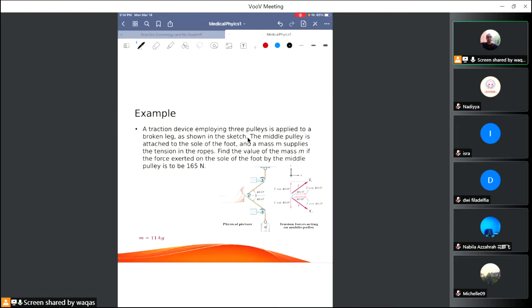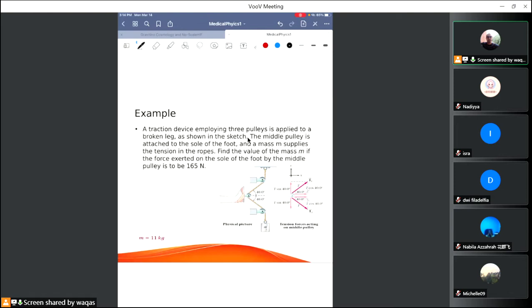The middle pulley is attached to the sole of the foot. This is for a person who has a broken foot or something, and they attach it to this middle pulley. A mass m supplies the tension in this rope. So there is a mass m, and this supplies a tension in this string.